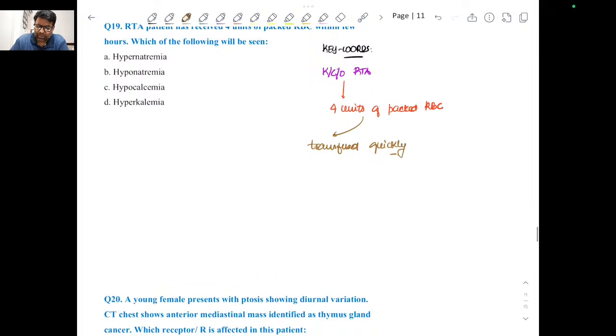Now what is this? This is known as massive blood transfusion. Clear? So this is what is known as massive blood transfusion.